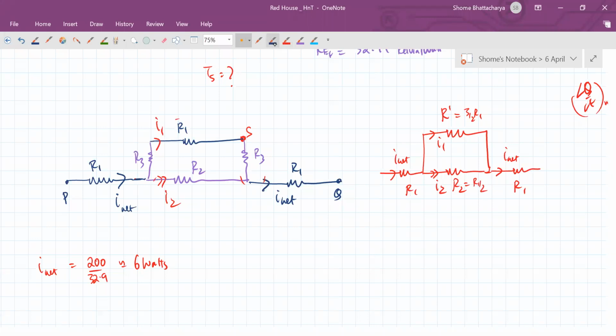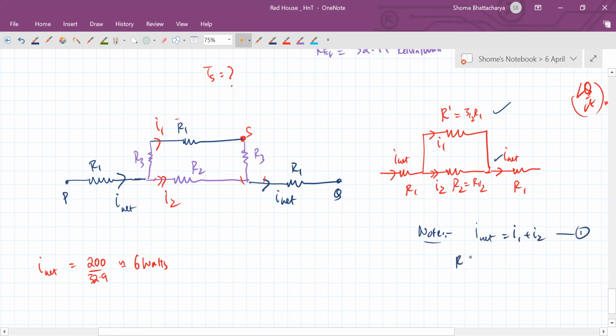Okay, so now in this circuit, if you concentrate here, I net is the sum of I1 and I2. Okay, and R prime into I1 is equal to R2 into I2. Okay, or I1 is to I2 is equal to R2 is to R prime, which means that in this case, I1 is to I2 is 1 is to 3.